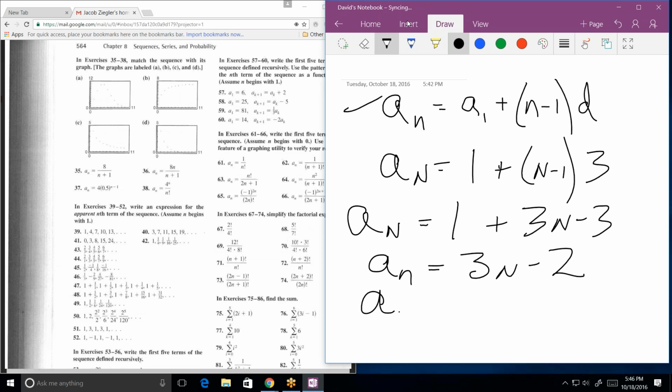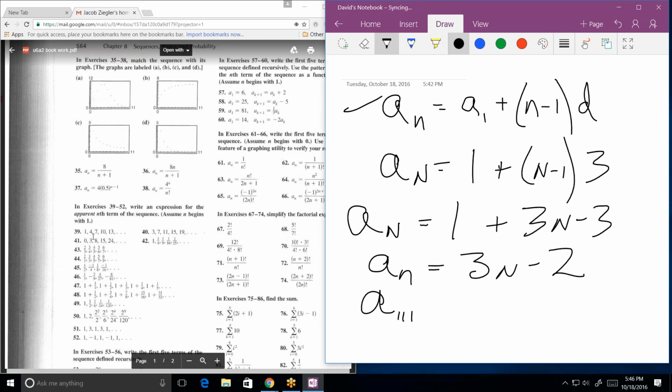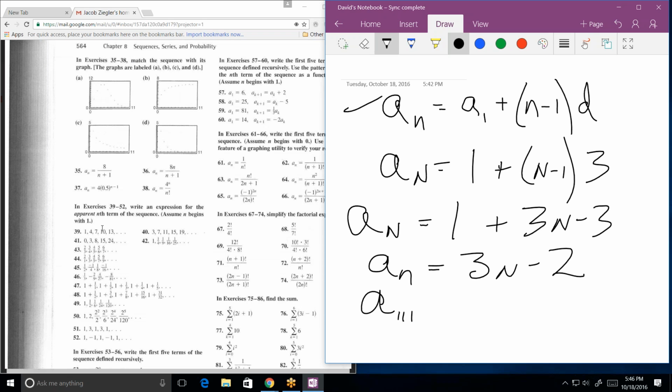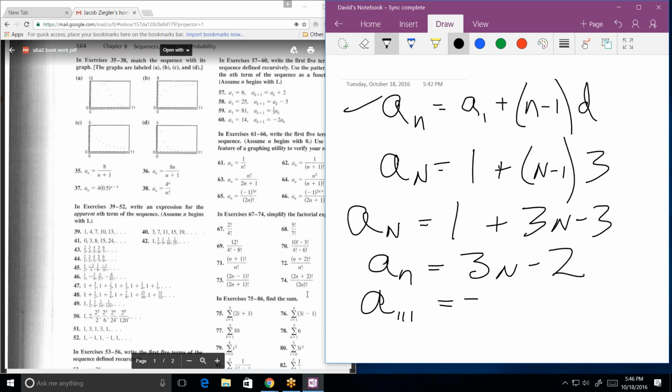What is a sub 111? In other words, if there were 111 terms listed here, it would be 3 times 111 minus 2. So it would be 331. That would be the 111th term of that sequence.